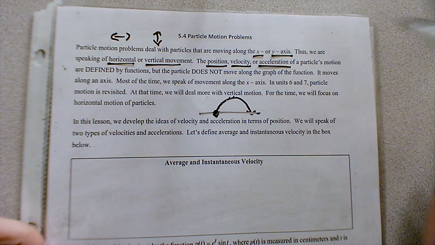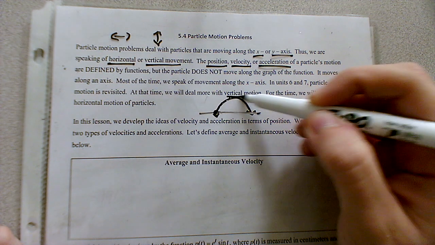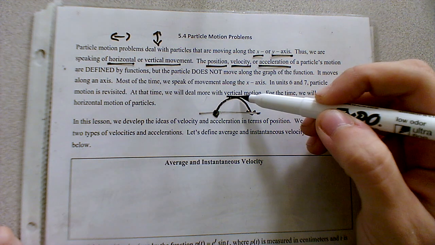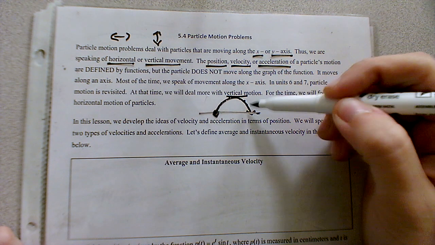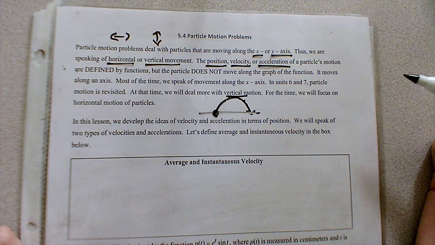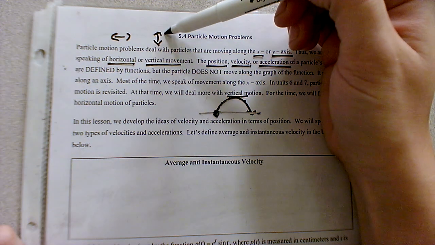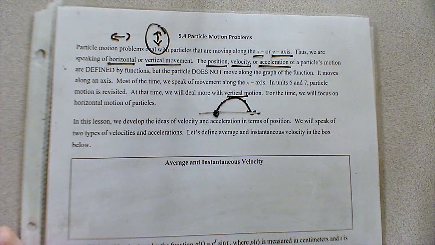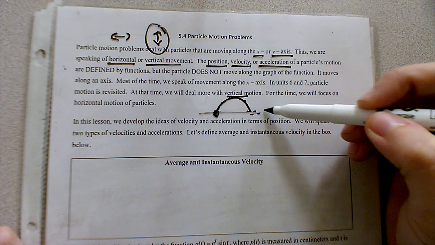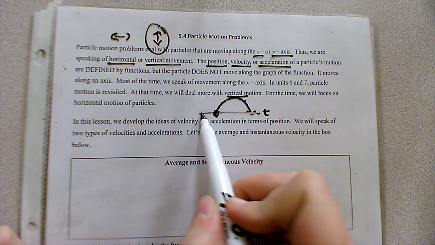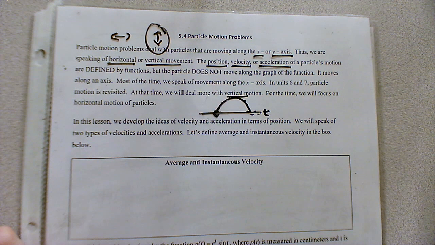Okay, it's getting higher and higher. It eventually reaches its max height at the very top, and then gravity pulls the ball back down to the surface. So the position would be decreasing. So even though the ball is only moving strictly up and down, notice how its position graph might look something like this over time. So the x-axis might represent some time unit, like minutes or seconds or hours, whatever the case may be.